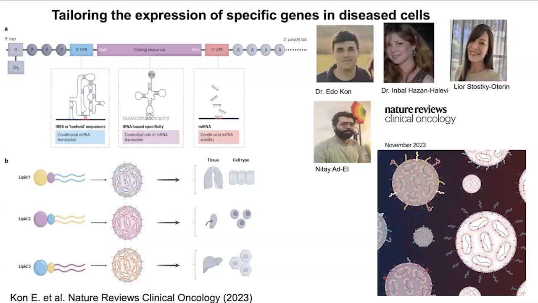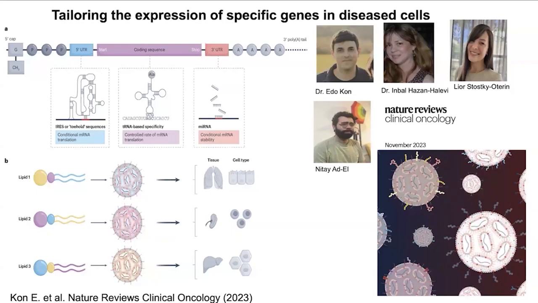But it's not only the delivery, it's also the payload. As an example, we are collaborating on being able to open and close genes, or to control their translation, and of course, their stability.